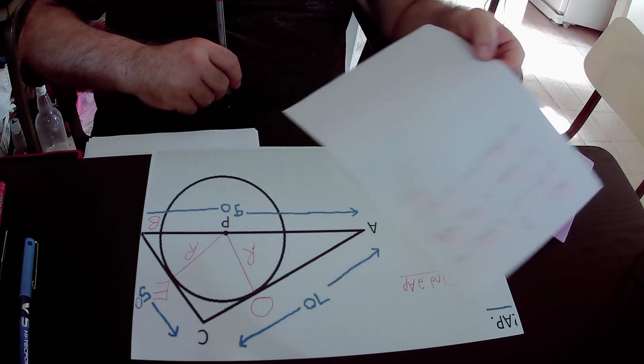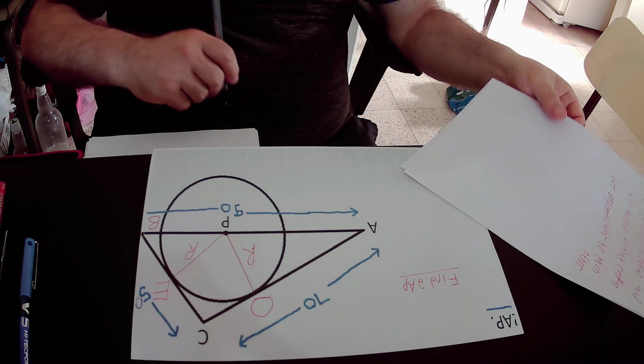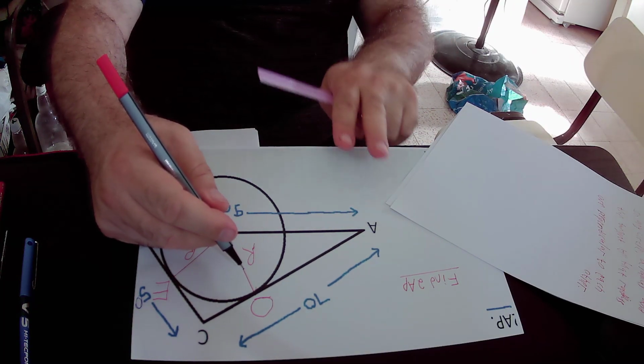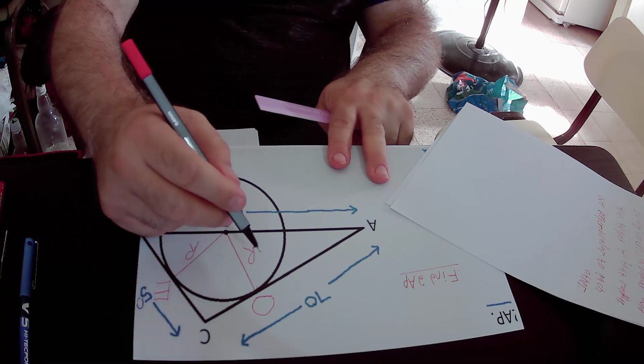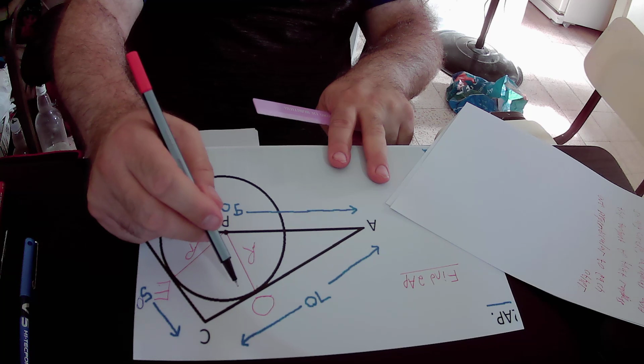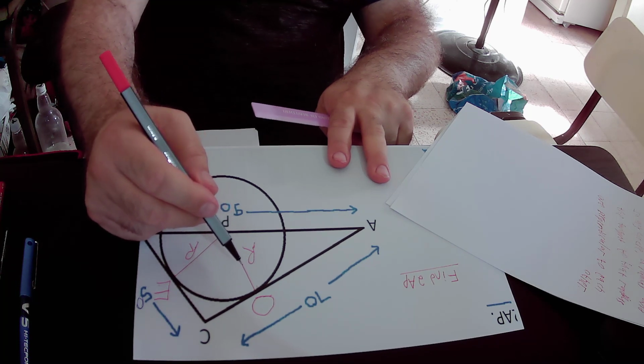Okay, so actually the radius PO and the tangent to that radius AC are perpendicular to each other.